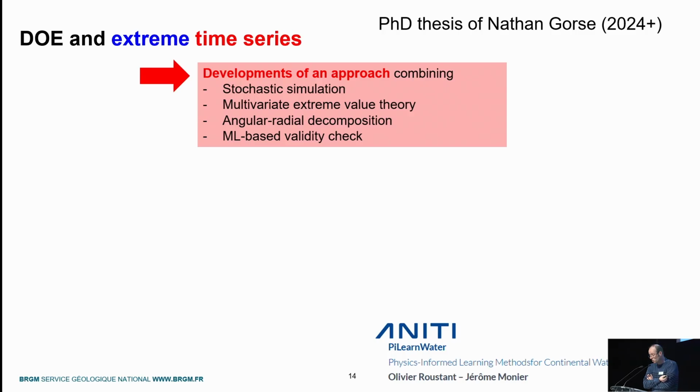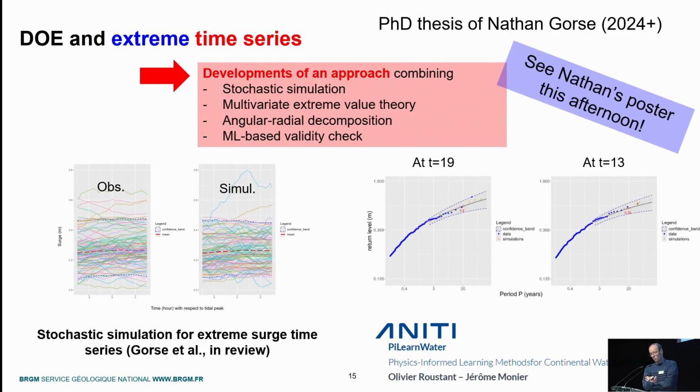And the first component we need is a simulator, a stochastic simulator. The question he tries to address is how to stochastically simulate multivariate time series, but also extreme time series. And that's what he's currently doing.